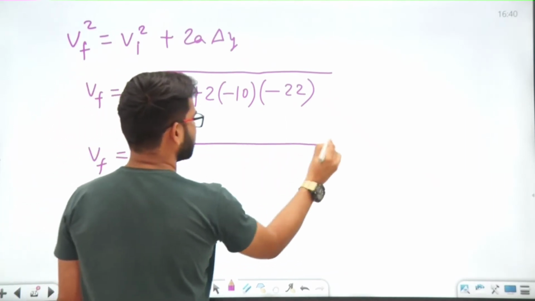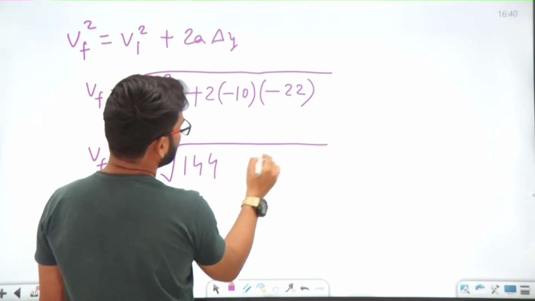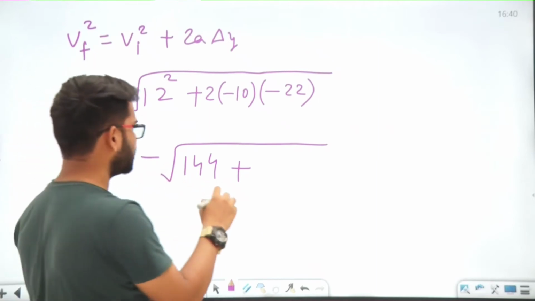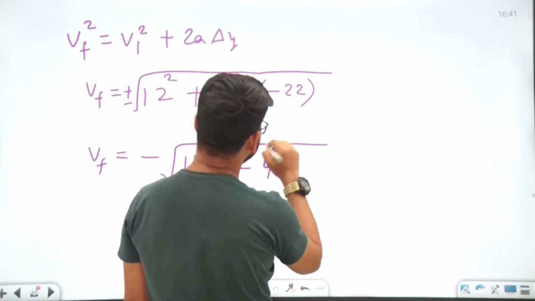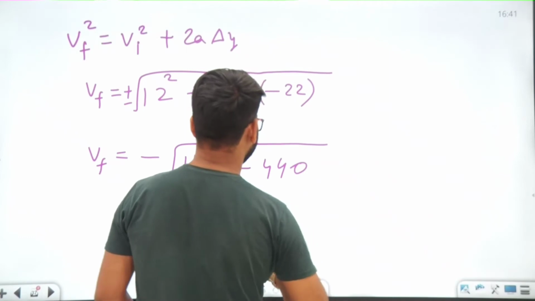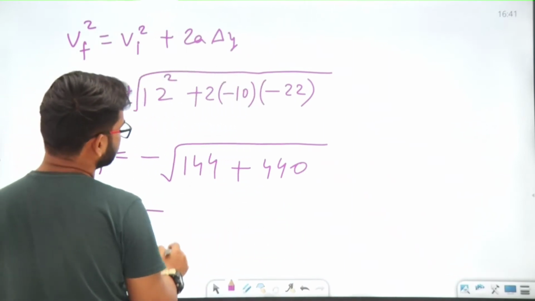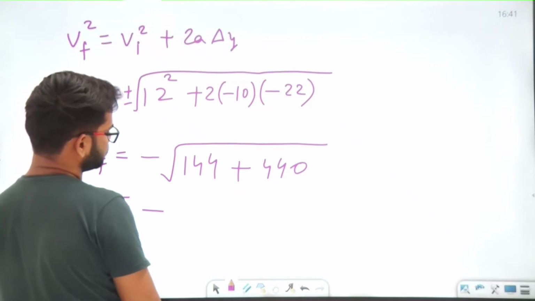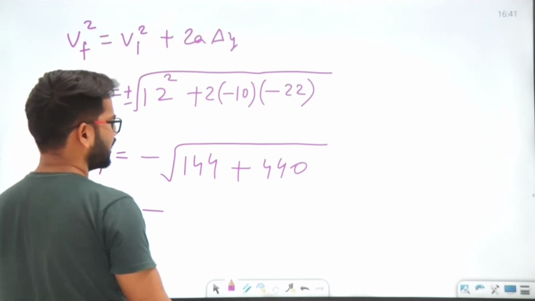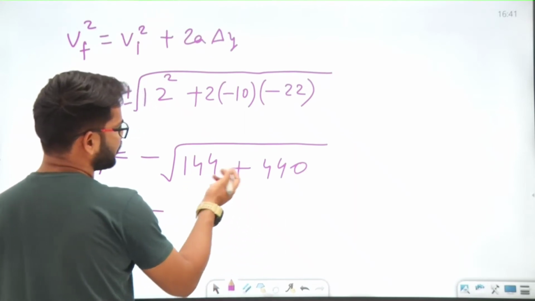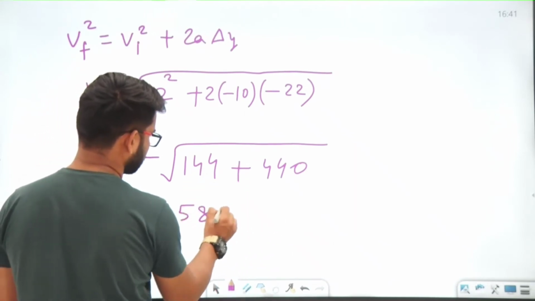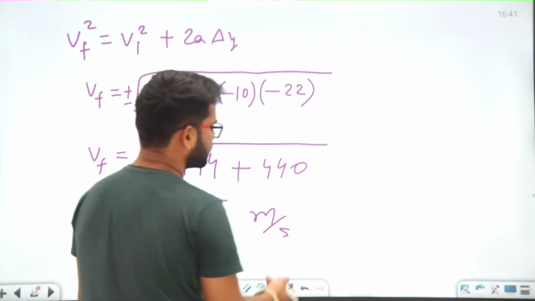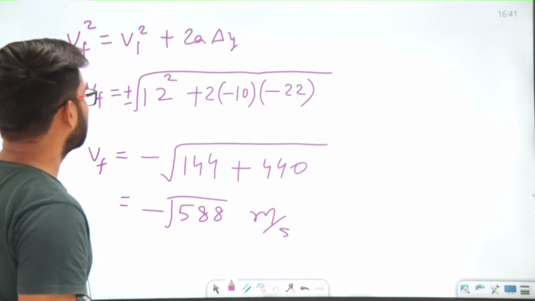So here this will be 144 plus 220 into... so it will be minus of... add these two and calculate the answer. So 588 meter per second, root of this will be meter per second in downward direction, speed will be, right?